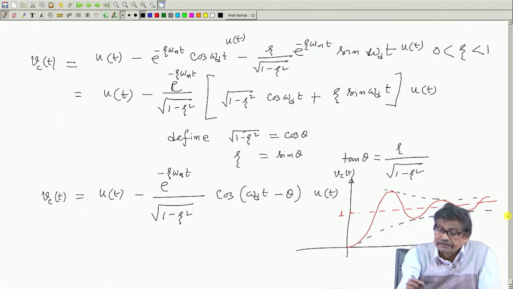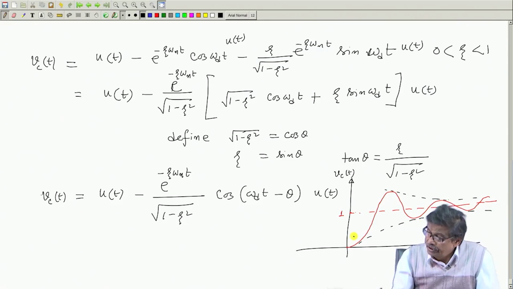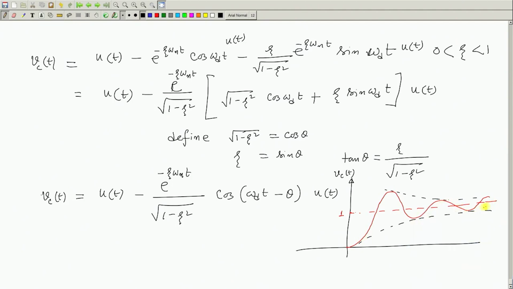Now, in this case it will be oscillating. The capacitor voltage will first go up, there will be an overshoot, then an undershoot, but the first undershoot will be less than the amplitude of the first overshoot, and so on.